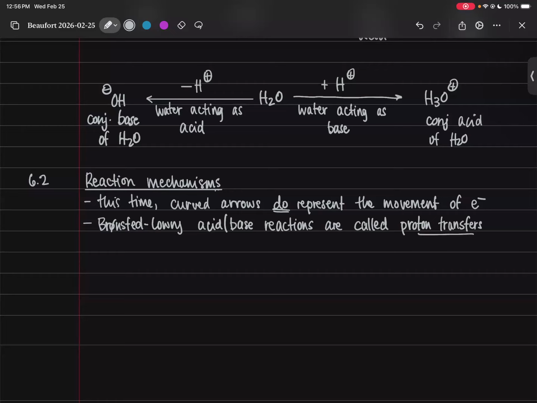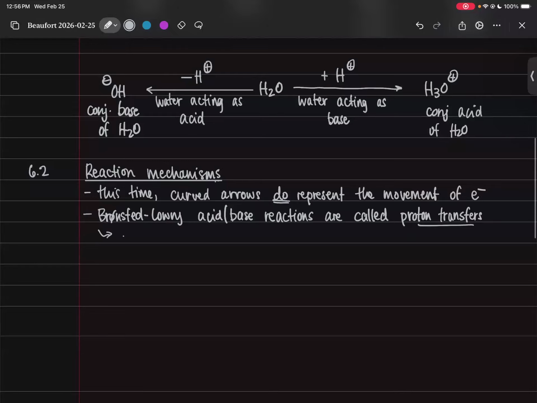Proton transfer, because a proton is being transferred. And a key for this, when you're drawing a mechanism, is you need at least two curved arrows in order to show the movement of electrons correctly. And the whole reaction scheme, including the arrows that show the movement of electrons, that is the reaction mechanism.